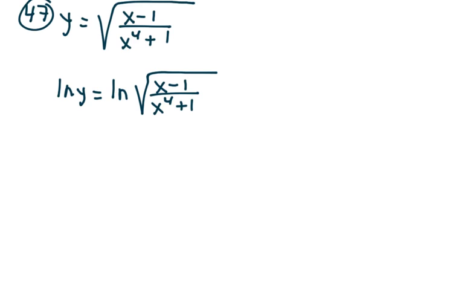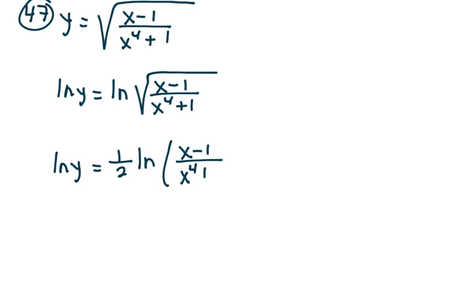But this says natural log of y is 1/2 natural log of (x minus 1) divided by (x to the fourth plus 1). But the argument inside the natural log is a quotient, and so we're going to split it off accordingly.